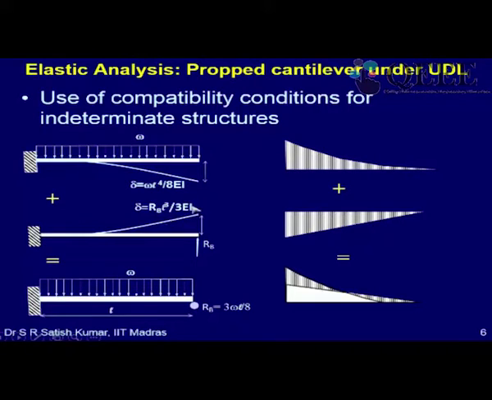So this is the upward deflection that I get for this case, and since it's a concentrated force, the shear force is constant throughout the length of the beam, and the bending moment will vary linearly consequently. So basically it is RB into this distance from the free end, the lever arm, that will give me the bending moment at a point x. So that is this value, and that RB into L will be the fixed end moment at this end. So that is what I get.